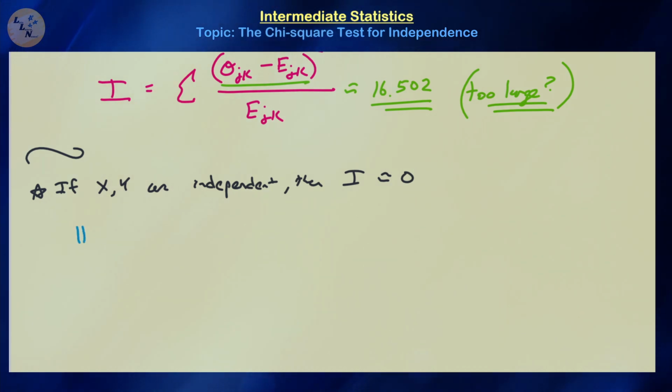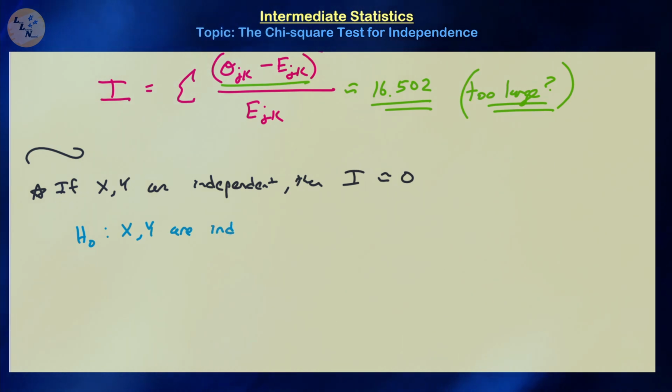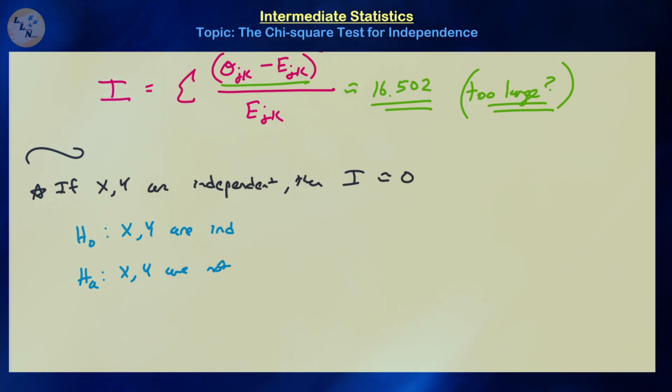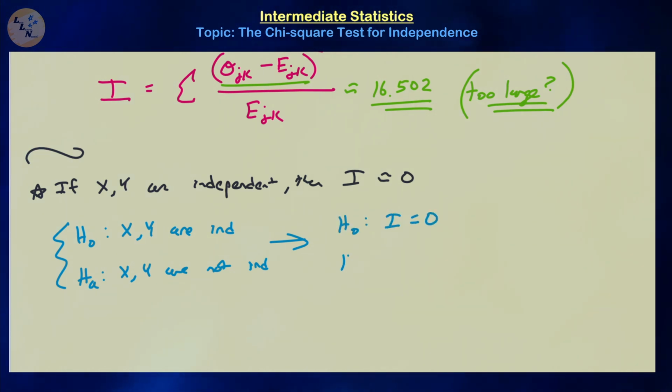So that means the null hypothesis that x and y are independent with a two-sided alternative that x and y are not independent is equivalent to the null hypothesis that I is equal to 0 with the alternative that I is greater than 0, right? Because this metric cannot be negative.